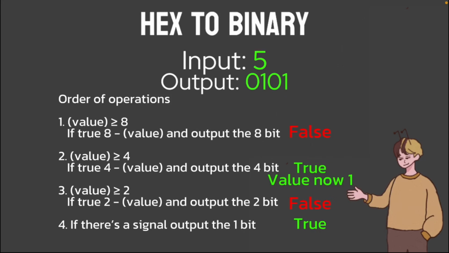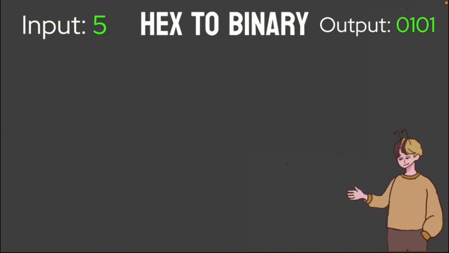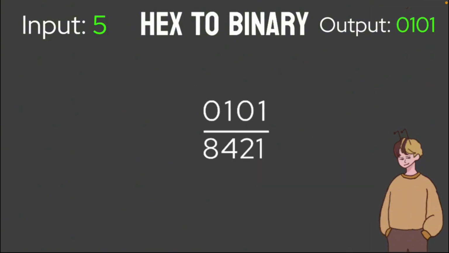Now, if you're not familiar with binary, I'm just going to convert this back to hex just to prove a point. So, we have our input and our suspected output that we want. We have our code, 0, 1, 0, 1, and the values that each bit represents, which is 8, 4, 2, and 1. If you add those all together, you get 15.